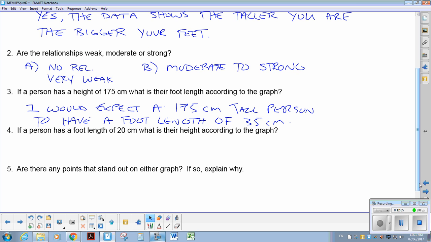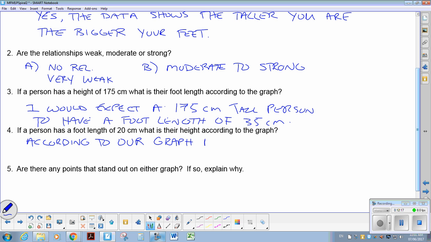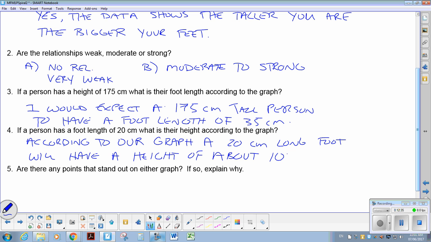So we would say according to our graph, so we're just reading from the graph, a 20 centimeter long foot will have a height of about 100 centimeters.